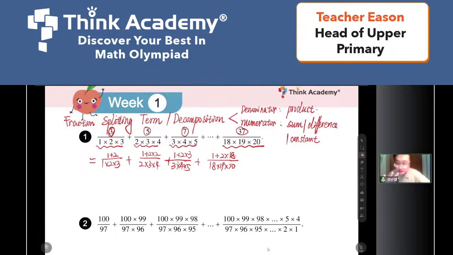So the numerator does not change, I just change the expression. But now something interesting happened, because here we have 1, 1, 2, 2, 3, 3, 18, 18.